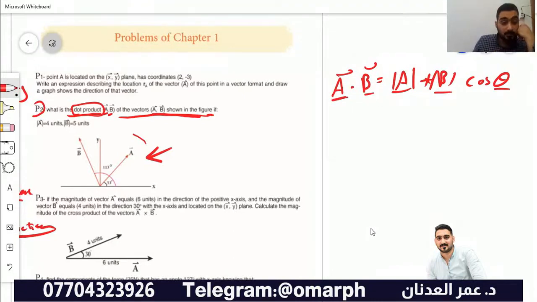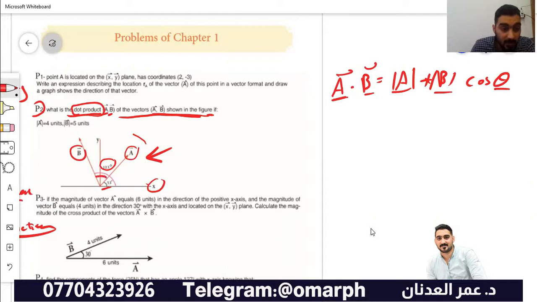Here in the figure, we have two angles. The first angle is 53 degrees, between A vector and the x-axis. And the second angle in the figure is 113 degrees, between B vector and the x-axis.